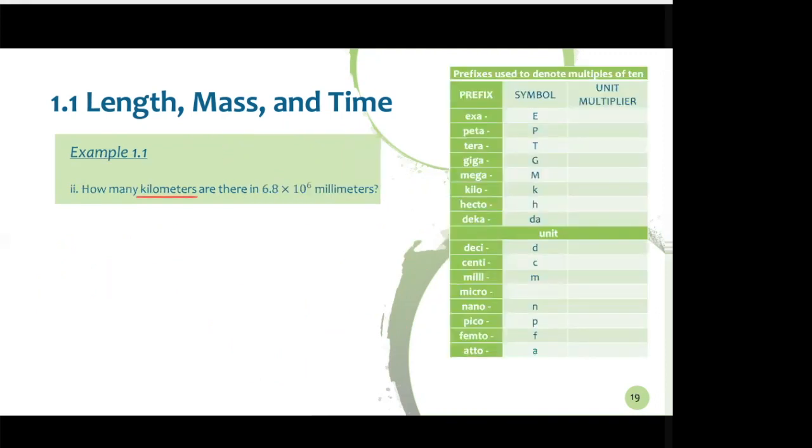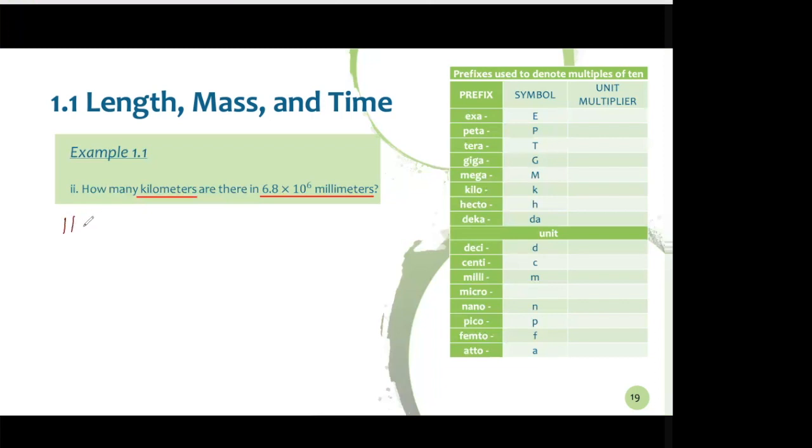Next one. How many kilometers are there in 6.8 times 10 to the 6 millimeters? For this one, actually this is quite easy. I'll just write muna. Okay, first, let's talk about this.